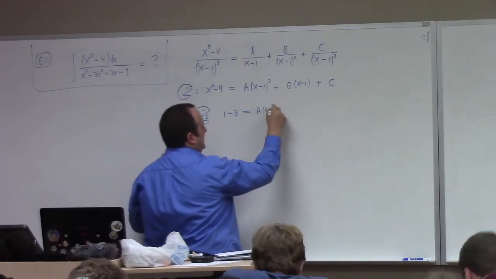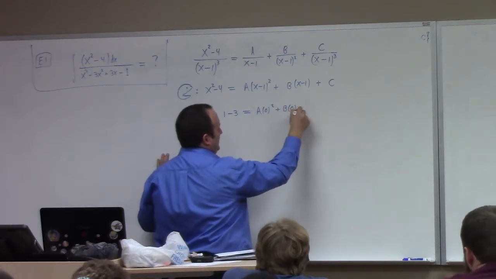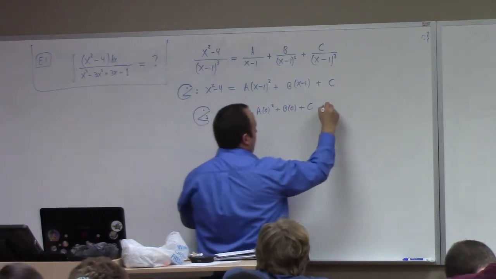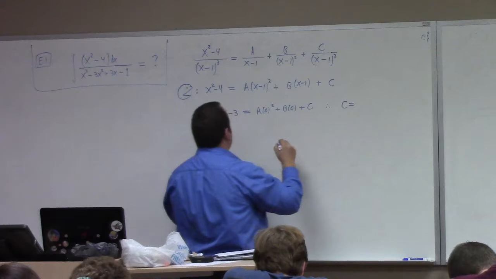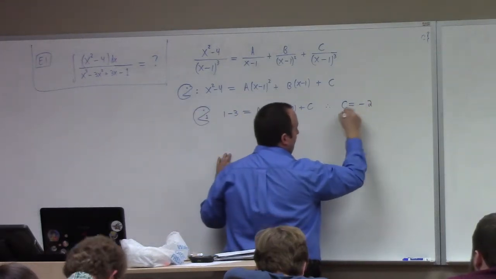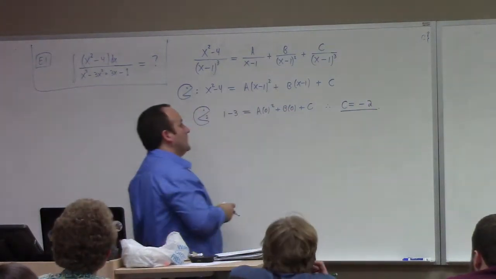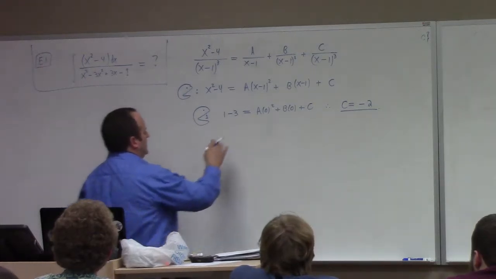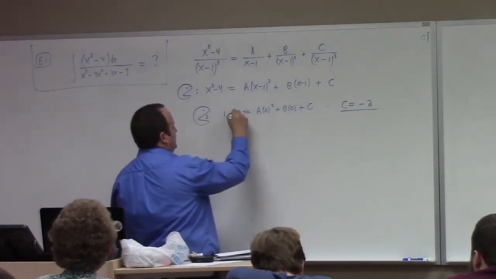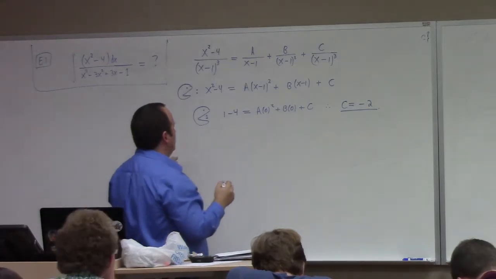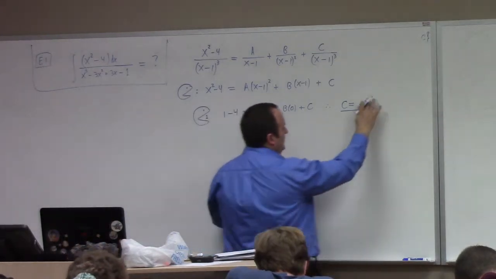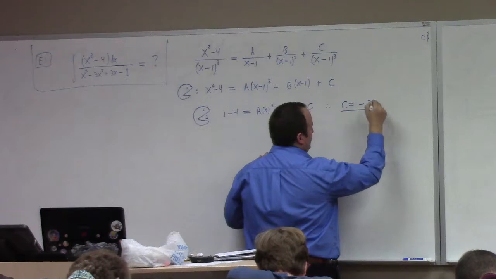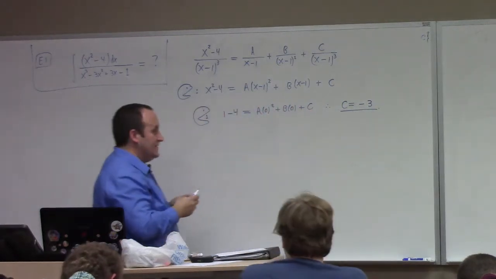A times 0 squared plus B times 0 plus C. So therefore, C is minus 2. Isn't it 1 minus 4? Oh yeah, I don't know what I did there. Sorry about that. Let's make that C is minus 3. That would probably be better, being correct and all.